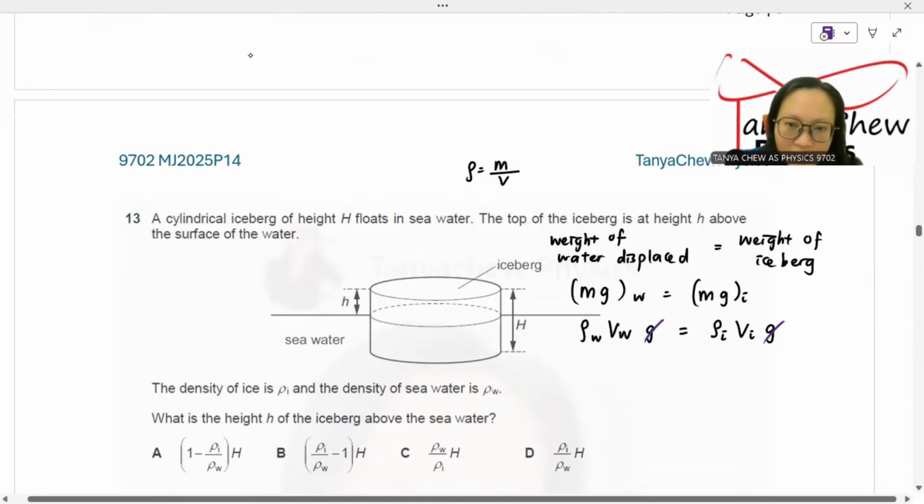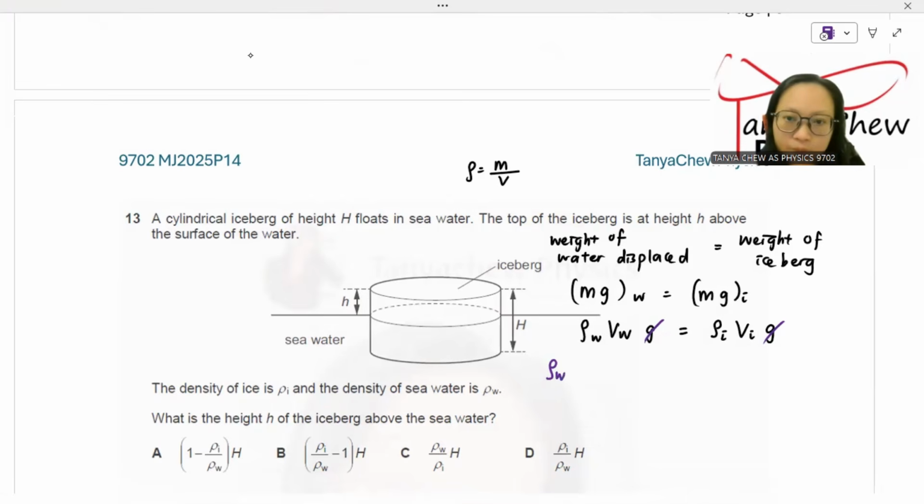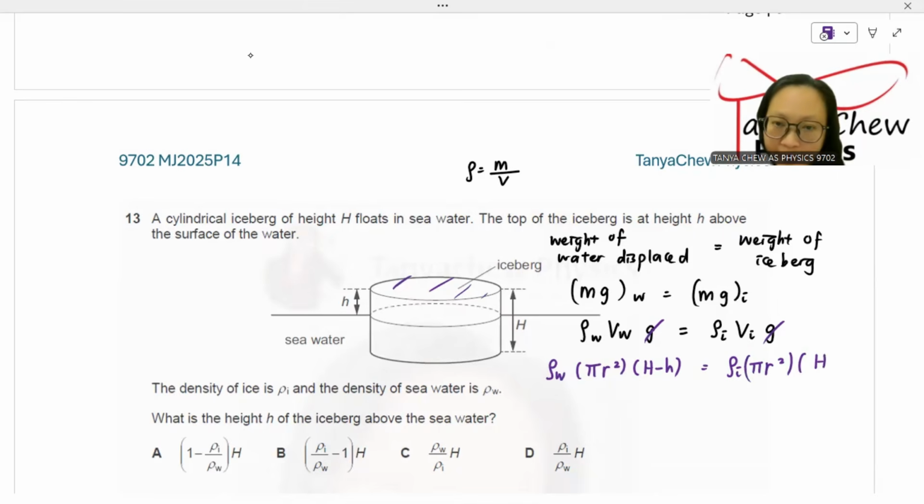Density of the water times the volume of the water. For volume, I would put area. I put pi r square because the area of the iceberg, I assume it to be circular. And then the height. So the height of the water being displaced is H minus h, equal to density of the ice times the volume of the ice, pi r square times the height, which is capital H, the total height of the iceberg.